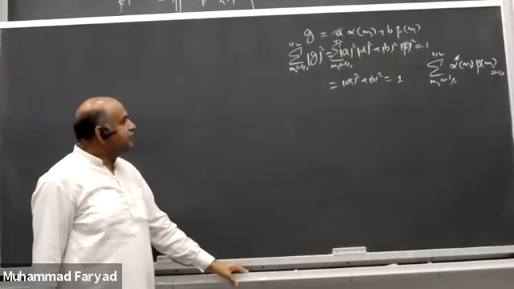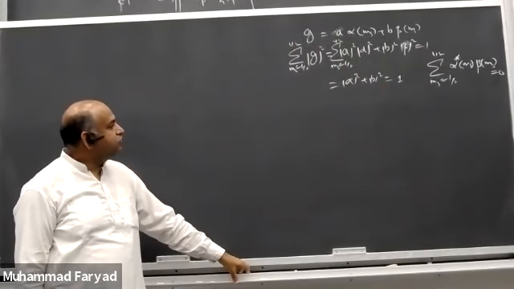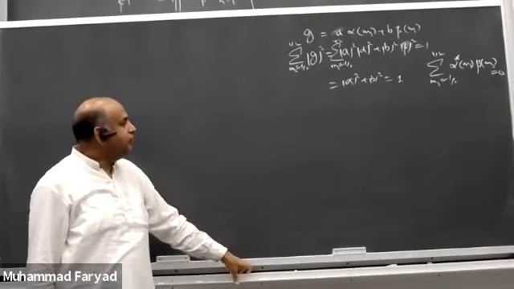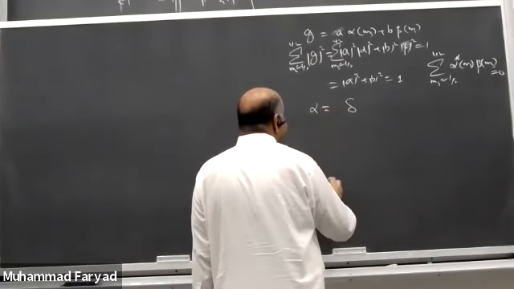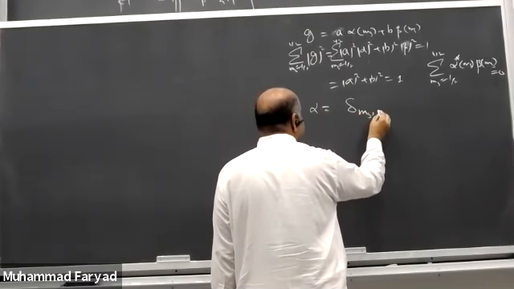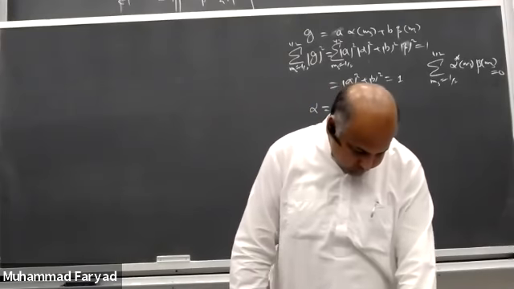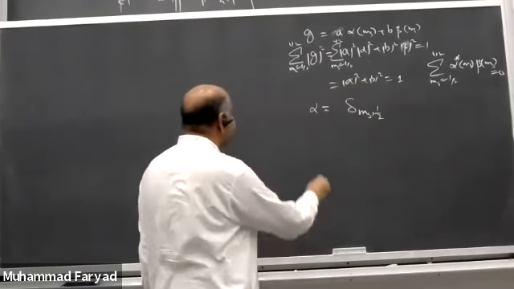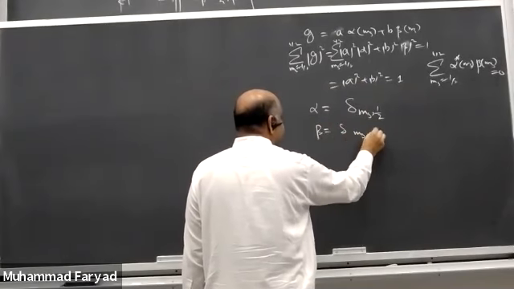Now the question is, what could be the eigenfunction that we can choose that satisfy all of these properties? And the choice is very simple. We can choose alpha as a Kronecker delta function with ms half. Let me see if it is ms half or minus half. So this is half, and then beta is also a Kronecker delta function, ms minus half.